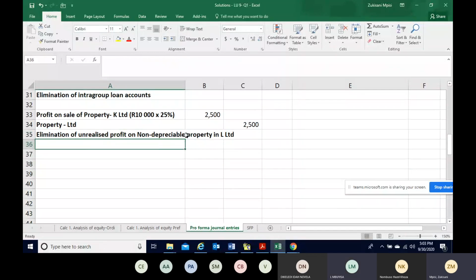In L Ltd, we have taken out 2,500 because the property is in L Ltd.